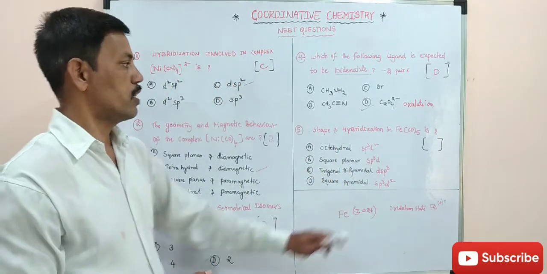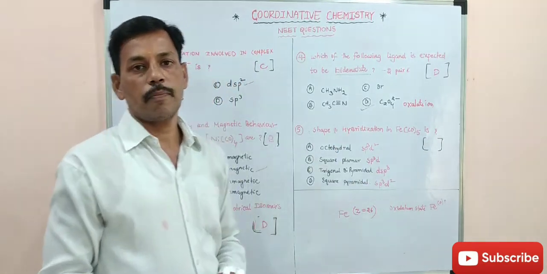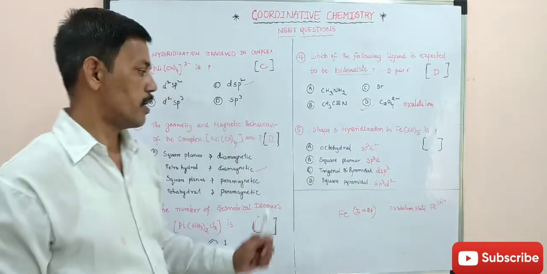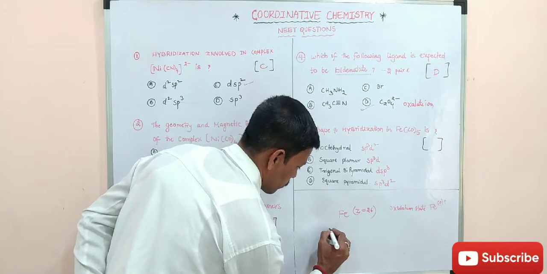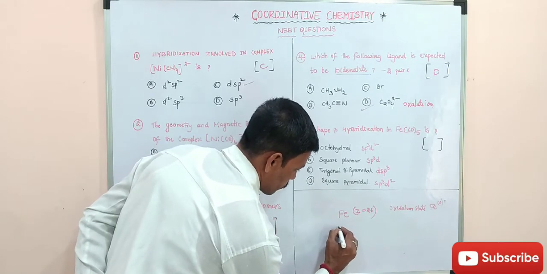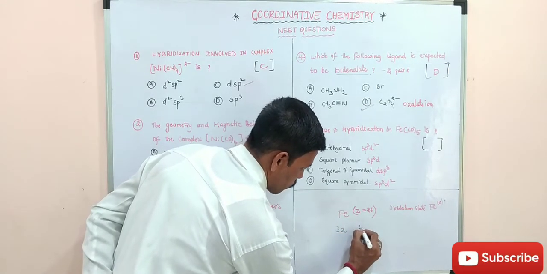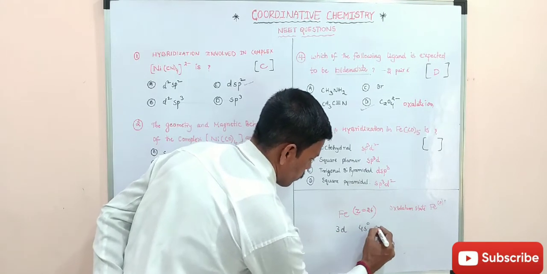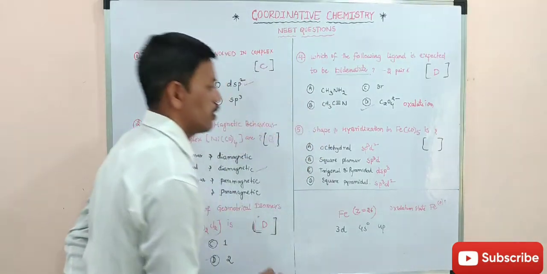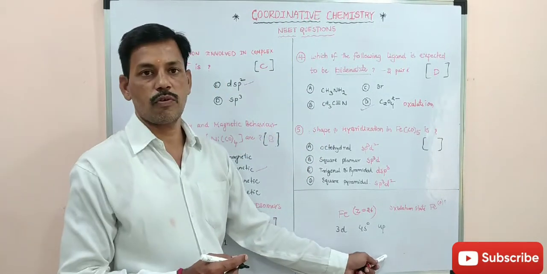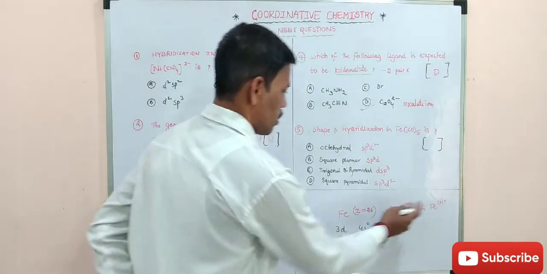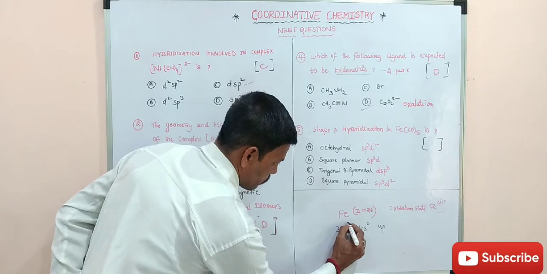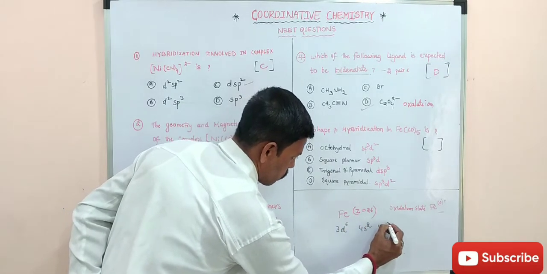Now how many ligands are present here? Five ligands are present with iron. So if we write here 3d, 4s and 4p. Now the iron has 0 oxidation state, so the configuration is 3d6 4s2.